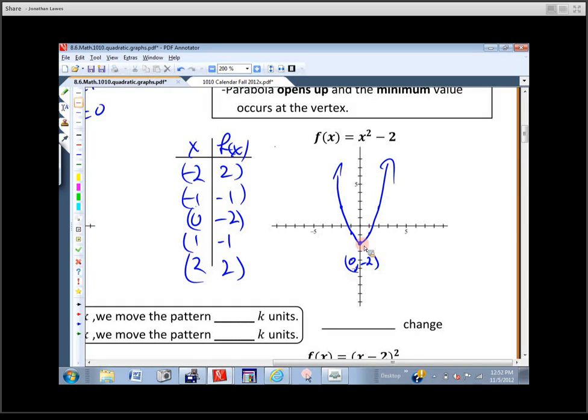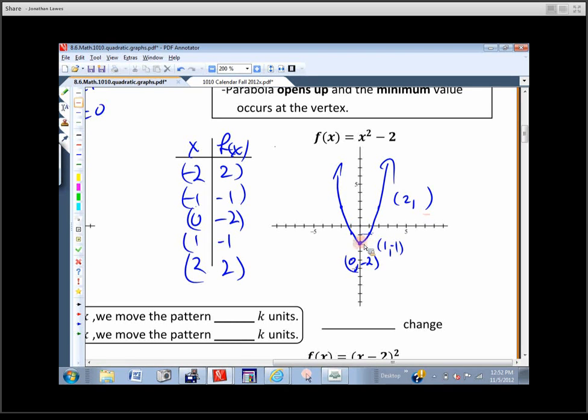Okay, now watch. From the vertex, if I go over 1, that's going to change my x coordinate to a 1. If I go up 1 from negative 2, where does that put me? If I'm at negative 2 here, and I go up 1, that's going to put me at negative 1. Again, from the vertex. If I go over 2, that's going to make my x coordinate 2.